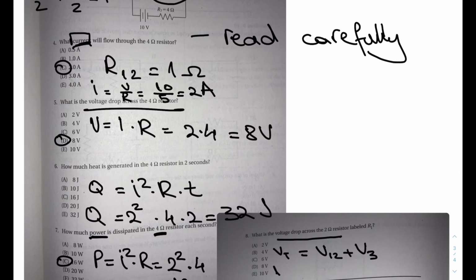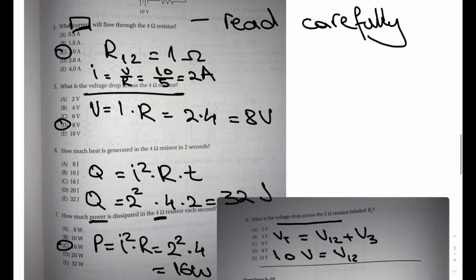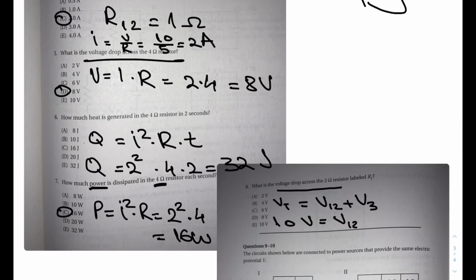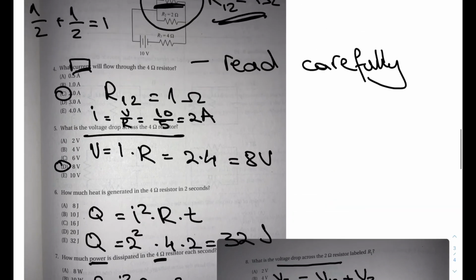So 10 volts equals voltage 1,2 plus 8 volts. Voltage 1,2 equals 2 volts. Resistors 1 and 2 are in parallel, so voltage 1 equals voltage 2, so it's 2 volts. We will circle 2 volts.